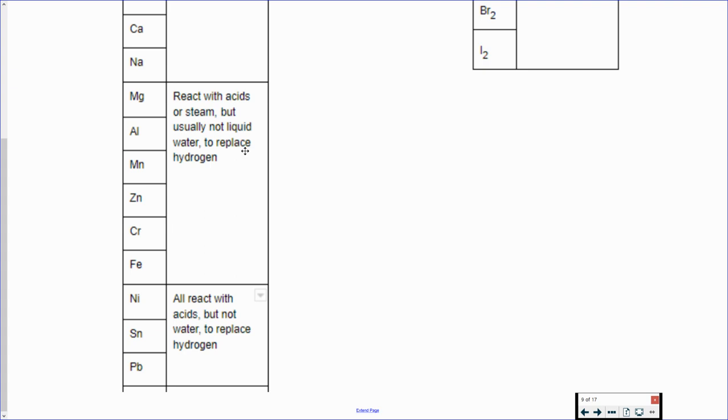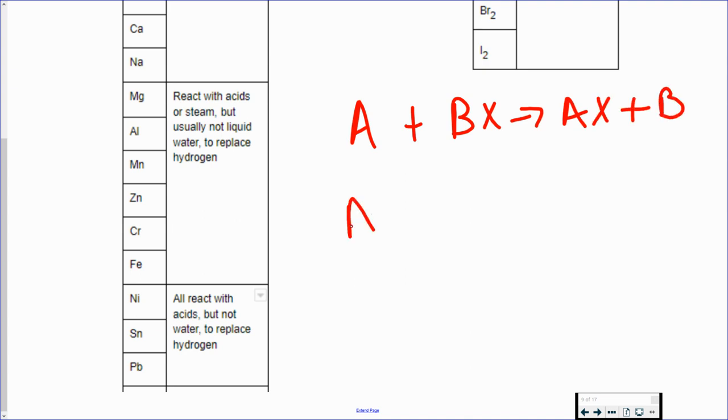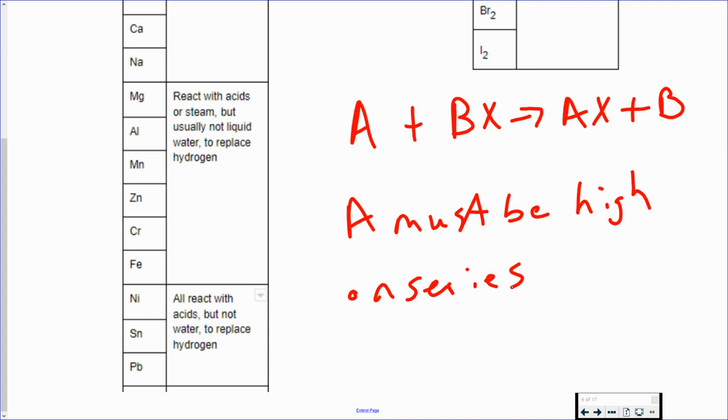So what it ends up telling us is that in our general equation, A plus BX goes to AX plus B, A must be higher on the series than B. If A is not higher on the series, a reaction will not occur.